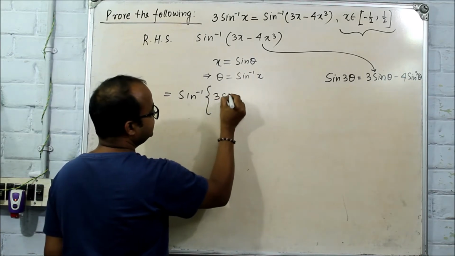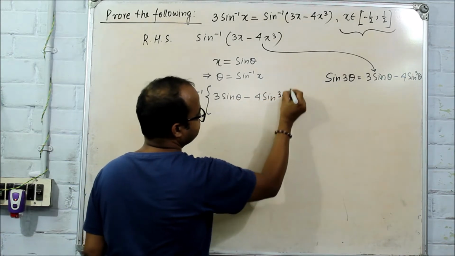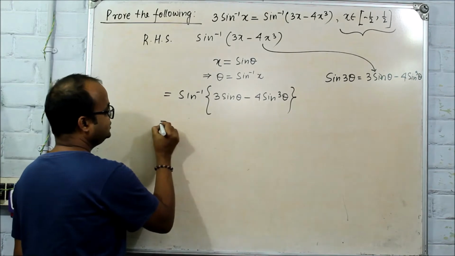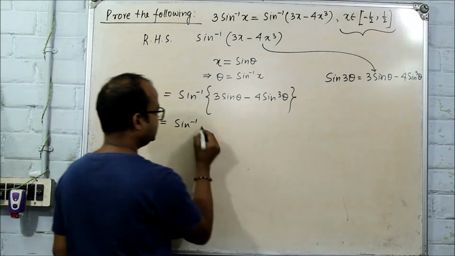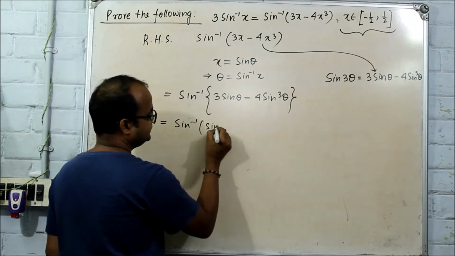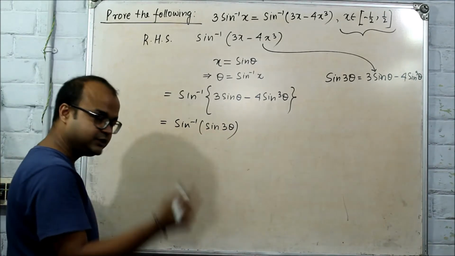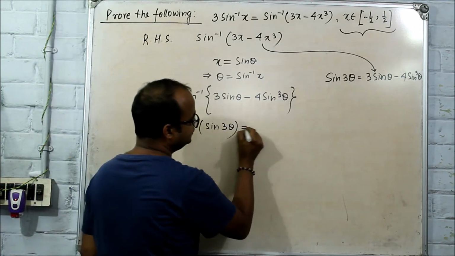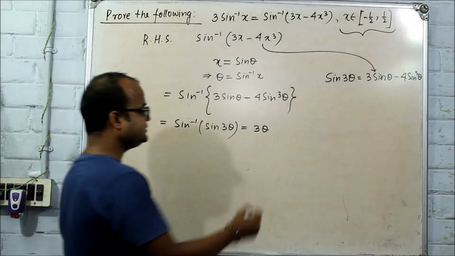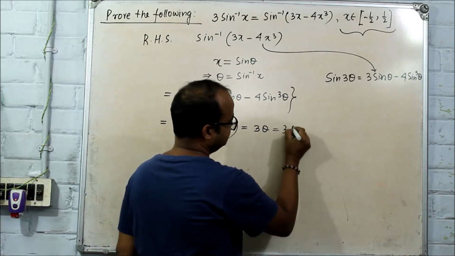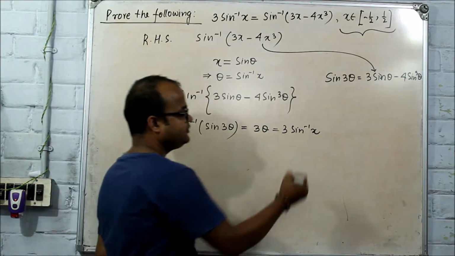So 3 sine theta minus 4 sine cube theta is the formula of sine 3 theta. So we write sine inverse of sine 3 theta. Sine inverse sine theta is equal to theta, so sine inverse sine 3 theta is equal to 3 theta. And theta is equal to sine inverse x, so we write 3 sine inverse x. And this is equal to the left hand side.